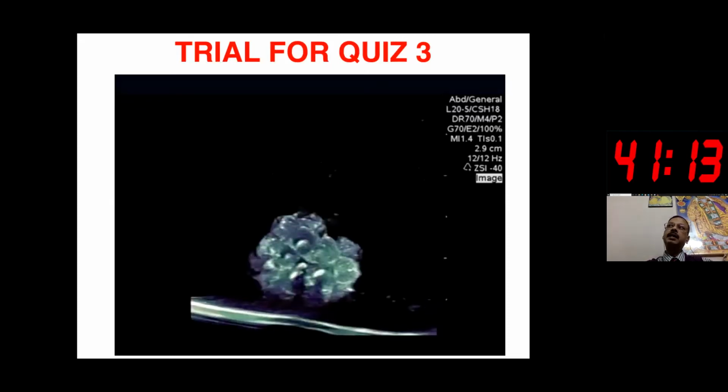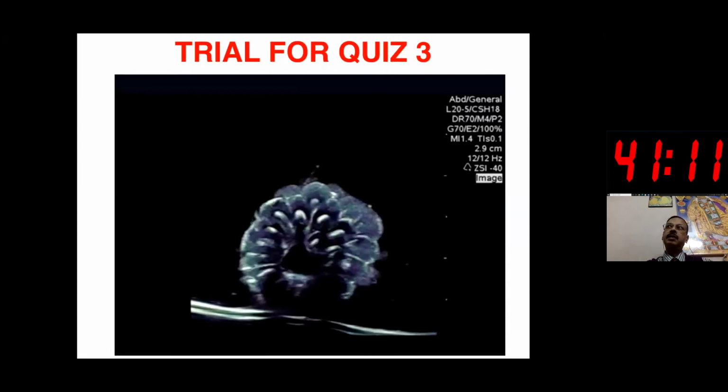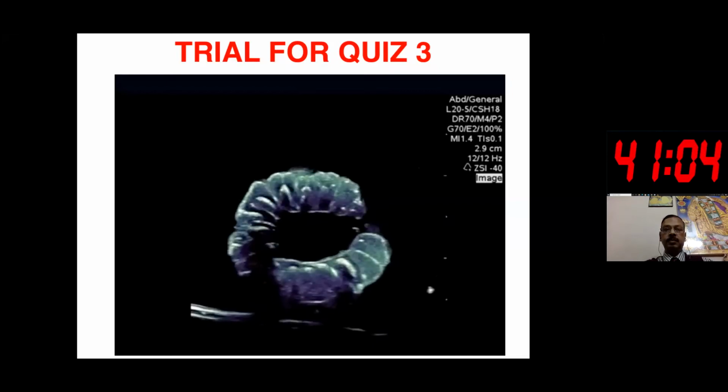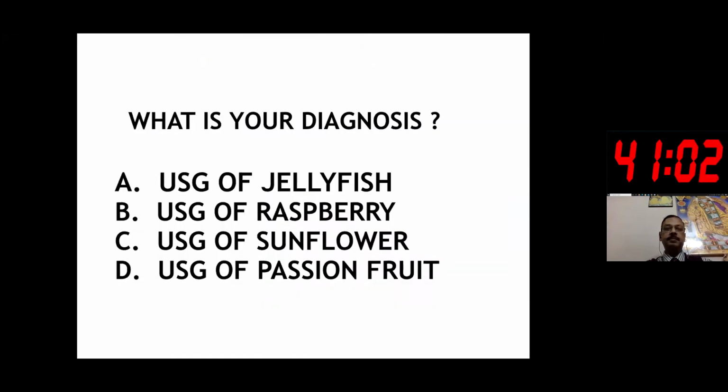This is basically an ultrasound of certain things. Well, I'll give the options. These are the options in front of you. You can keep aside the voting panel to your right or left, particularly on the right side there is a space if you want to see the options clearly, even after the voting window is on.